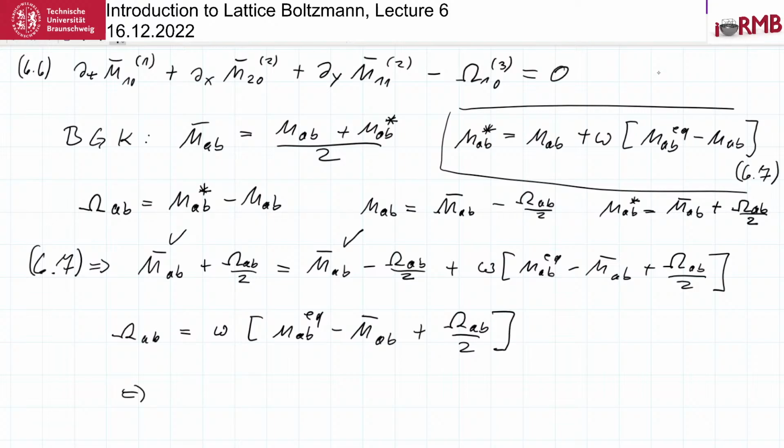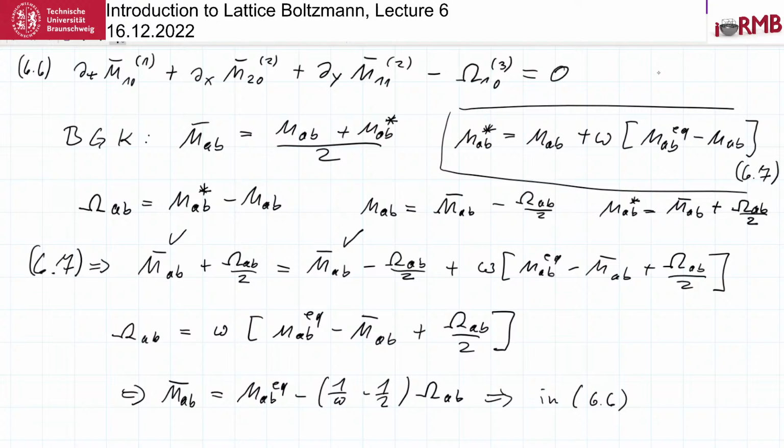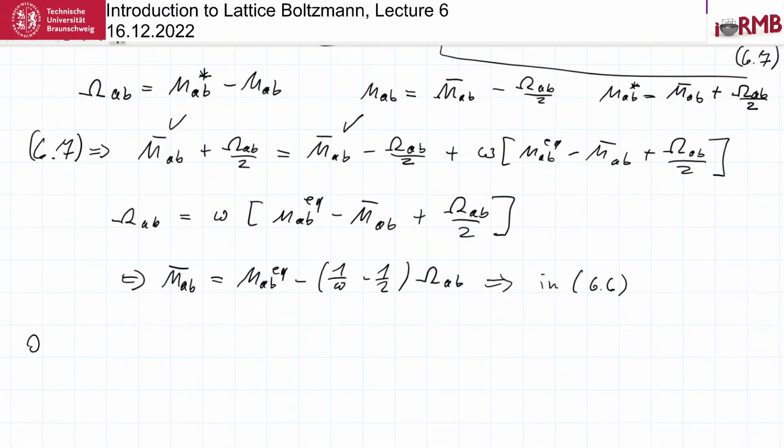And this can now be solved for MAB bar, which we need for our equation, as being MAB equilibrium minus 1 over omega minus 1/2 omega AB. So this now contains only the bar version and the omega, so that we can again identify this. And we put this, if my counting is now hopefully correct, into 6.6. So if we put this into 6.6, we end up with the following.